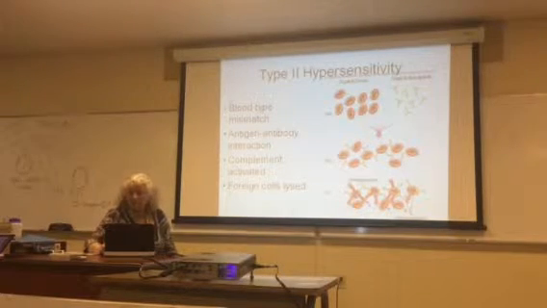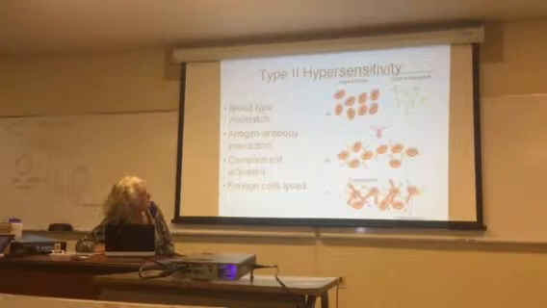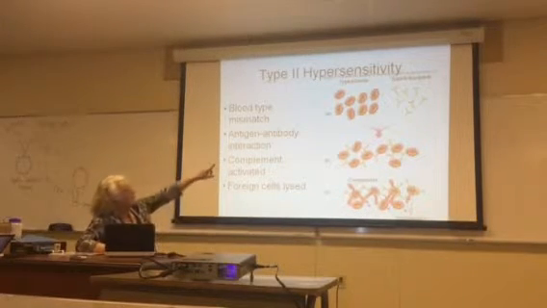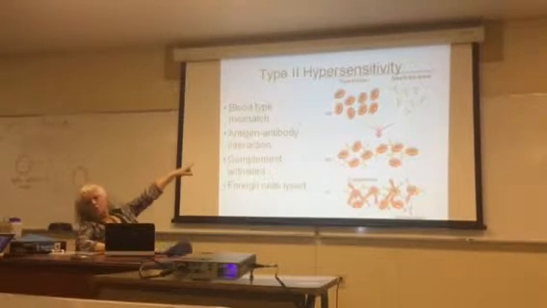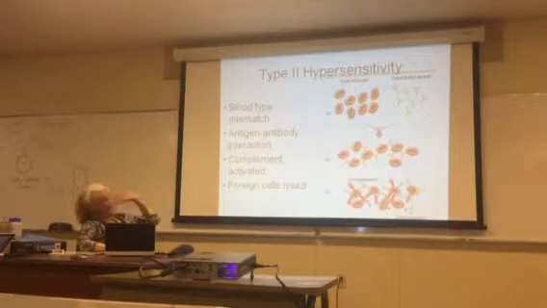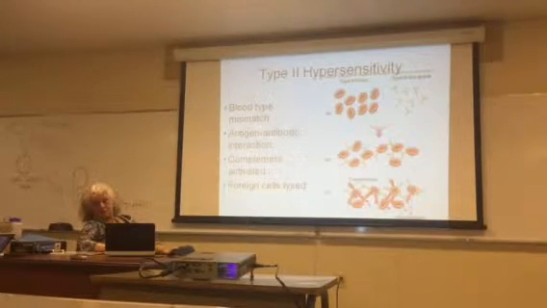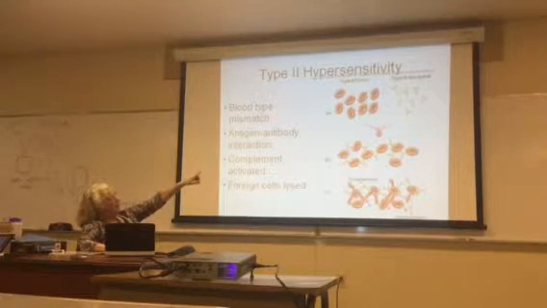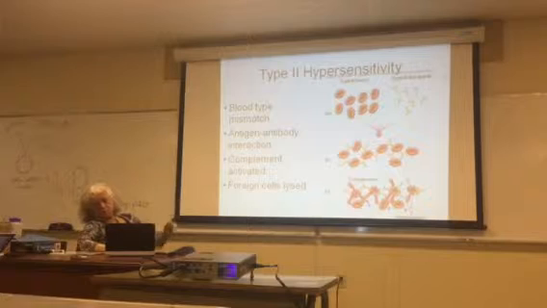So the type B blood is considered the antigen, and that binds to the type A. The antibodies are going to go onto the antigen, which is the type A antigen, because that guy has type A blood on the blood cell. But type B has anti-A antibodies floating in the plasma.